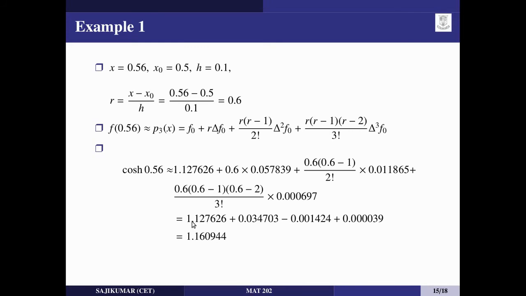By the actual computation we can see that this hyperbolic cosine value at 0.56 is 1.16094078, and we can see that the exact value agrees with the value given by Newton's forward formula up to 4 decimal places.